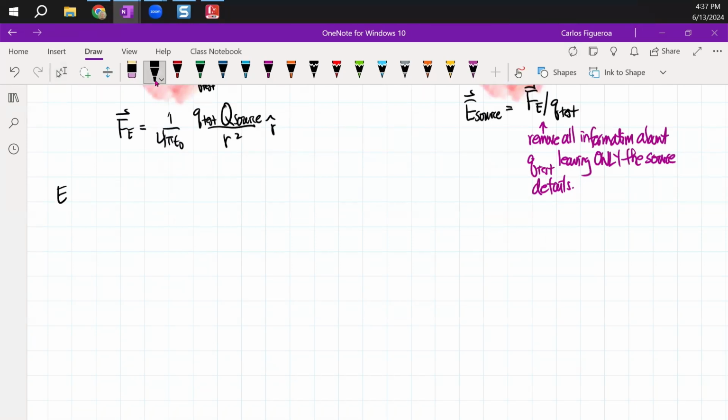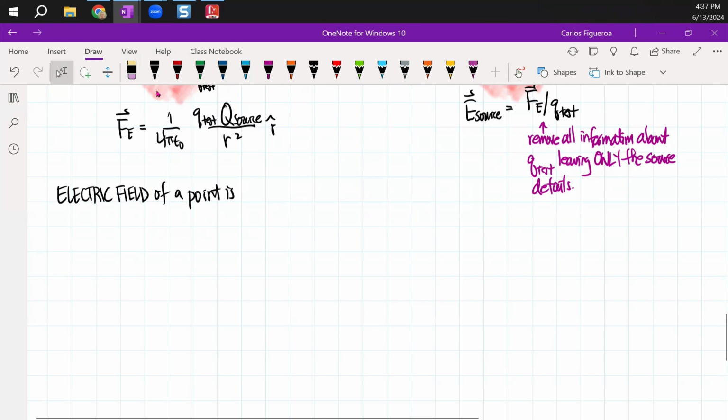So the electric field of a point charge reads like this. The electric field of a point is the electric force divided by Q test, and this isolates the source.